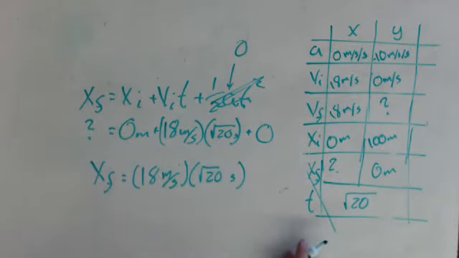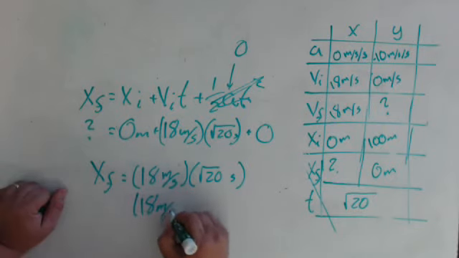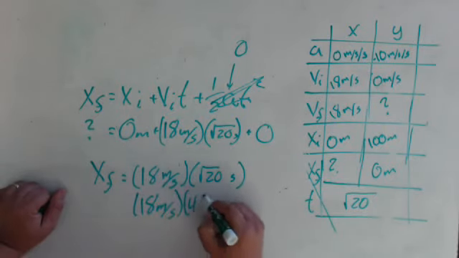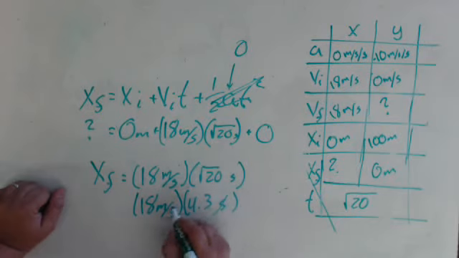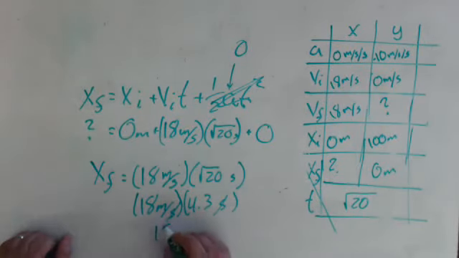Square root of 20 is going to be the square root of what approximately gives me 20 that's squared. Between 4 and 5, say 4.5, more like 4.3. So that's 18 meters per second times about 4.3 seconds. The seconds cancel off. I'm left with meters. I get 18 times 4.3.